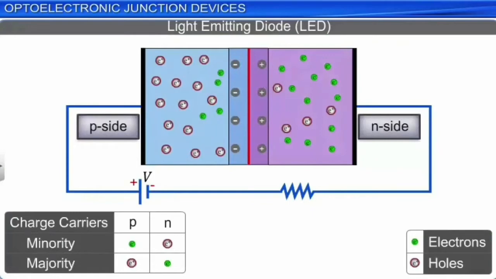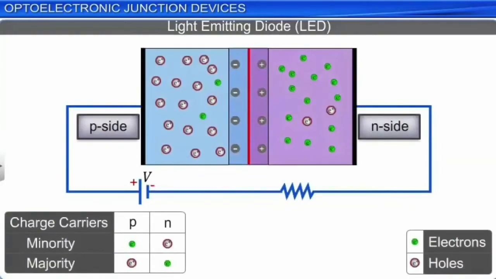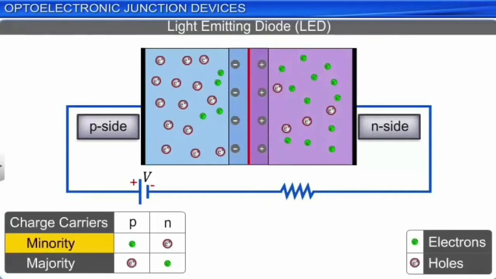When an LED is forward biased, we know since it is an ordinary PN junction diode, current will be passing through the diode. And when the majority charge carriers cross the junction, there are chances of recombination. That means free electrons may combine with the holes, so they become bound electrons.